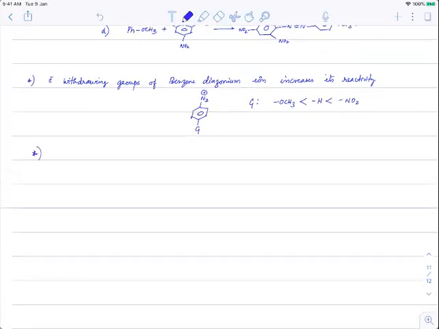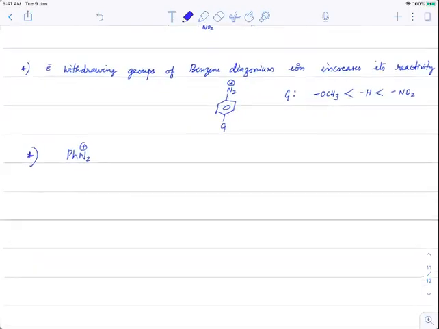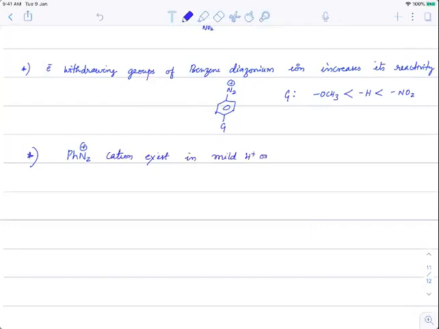Another important point which we can learn about PhN2 plus, right? This cation exists in mild H plus or OH minus.